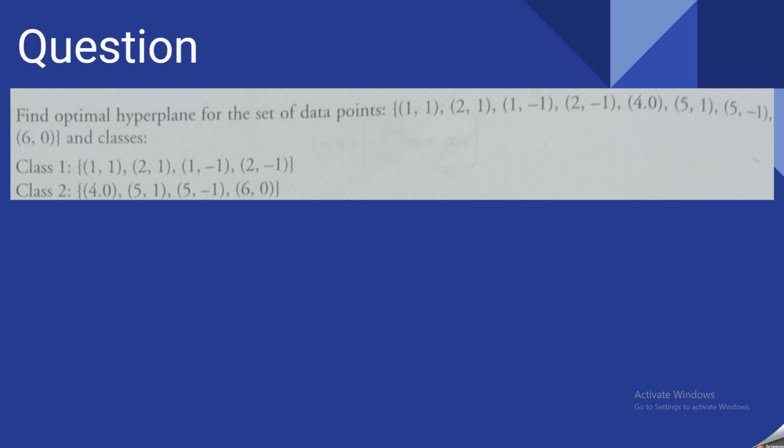So here goes the question. The question states, find the optimal hyperplane for the set of data points. Data points are given to you. There are 8 data points: (1,1), (2,1), (1,-1), (2,-1), (4,0), (5,1), (5,-1), and (6,0).